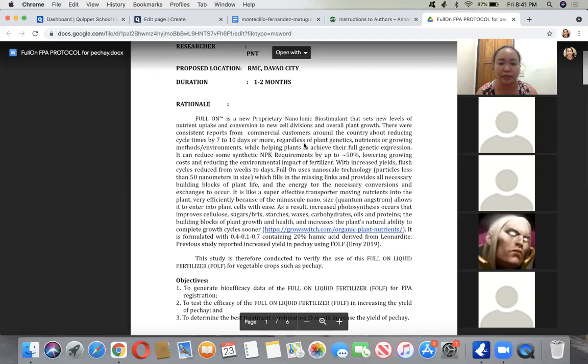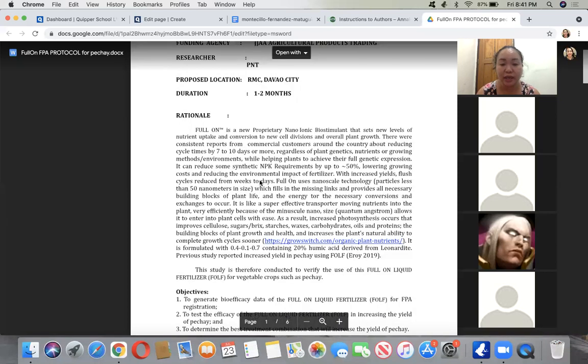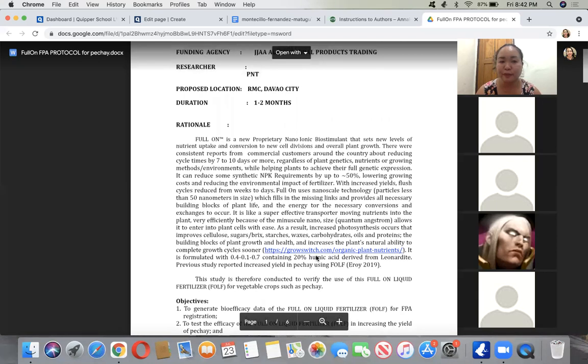Based on literature, what is its effect on the plant and what are its components, including the effect on yield. Second, in the introduction, if you study pechay, what is the importance of pechay? Here it is usually not included, because this is for the FPA protocol.